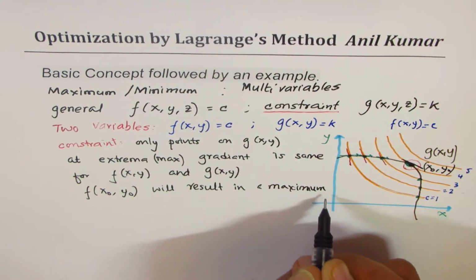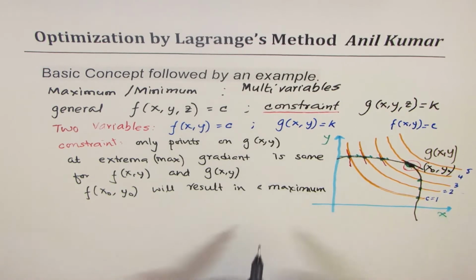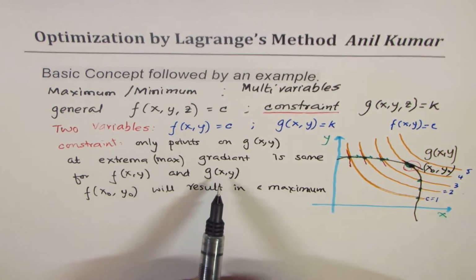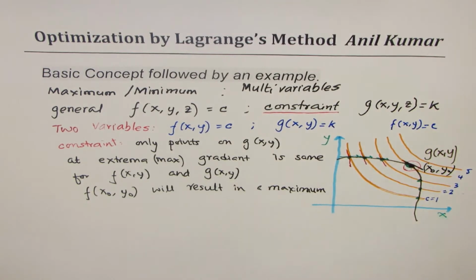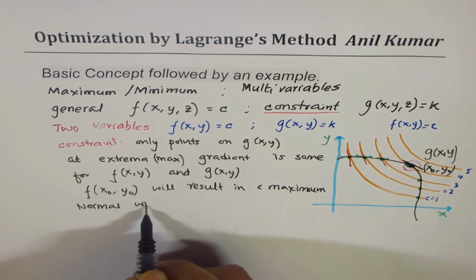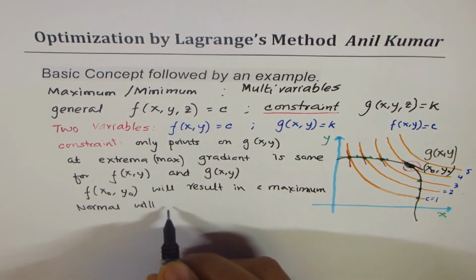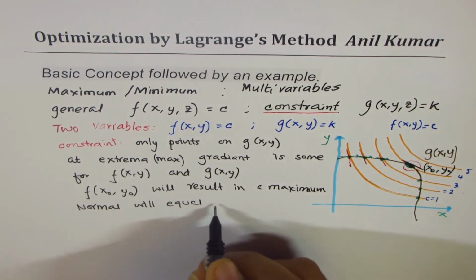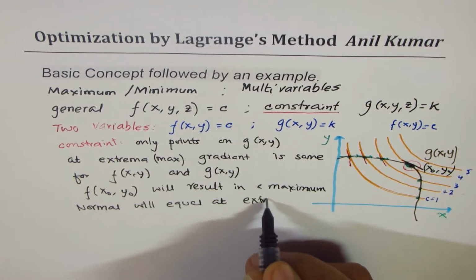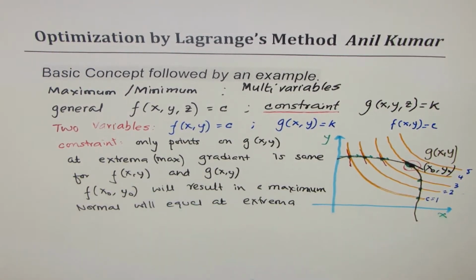So what you learn here is that the slope or the gradient is same, right? So that gives you that the normal will also be same, right? Normal will be equal at extrema. So that is the basic concept.